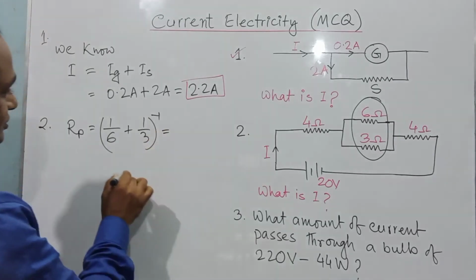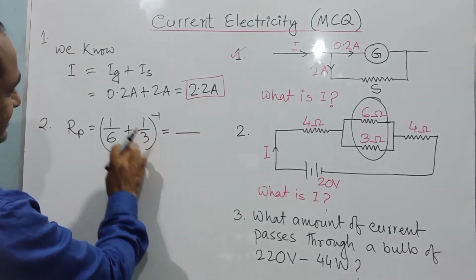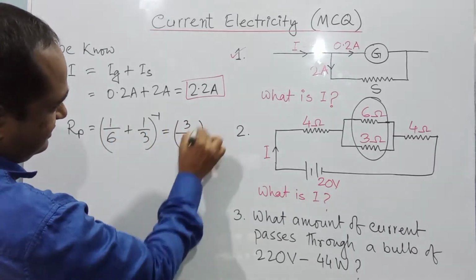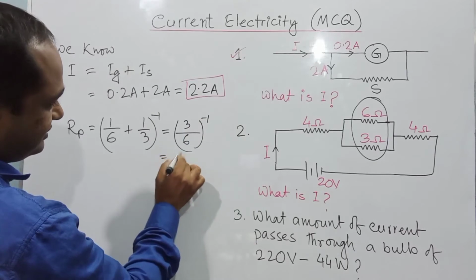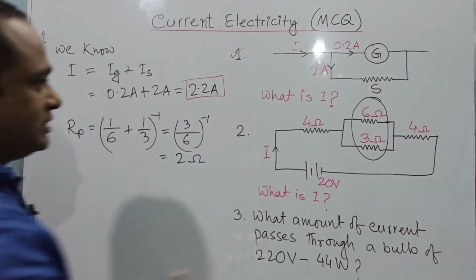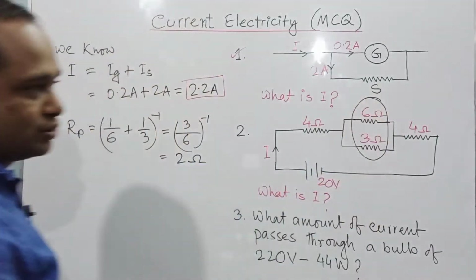After the calculation, the LCM will be 6, so (1 plus 2) by 6, which is 3 by 6, inverse, and the final result will be 2 ohm. The equivalent resistance of this part is 2 ohm.